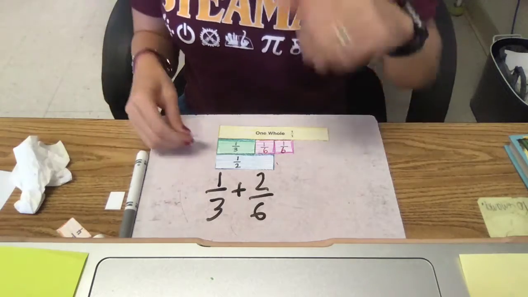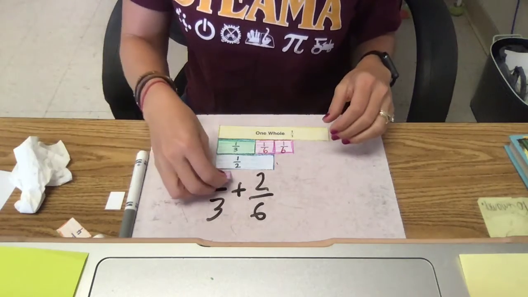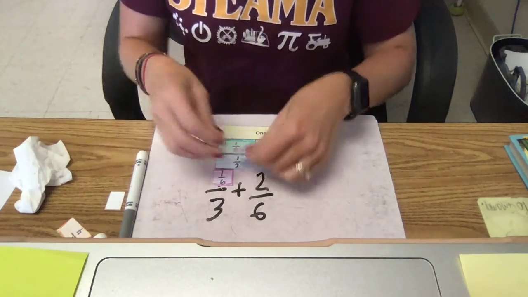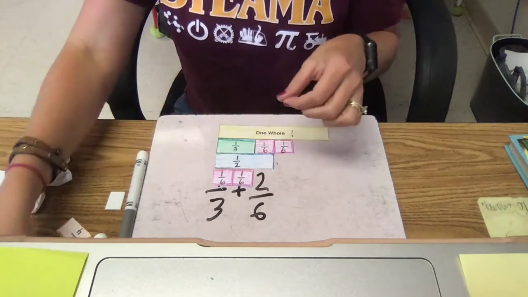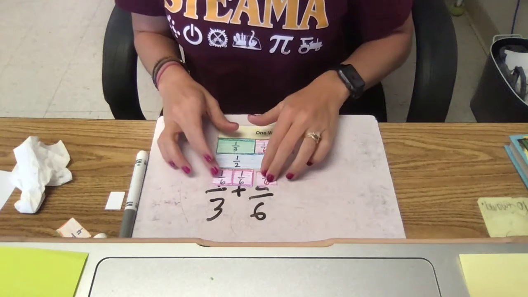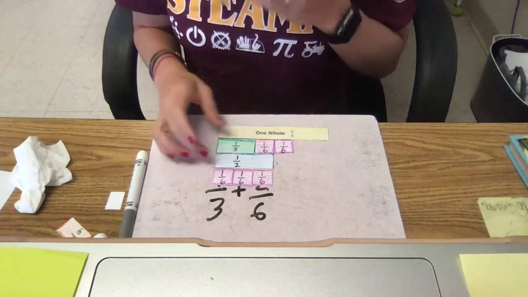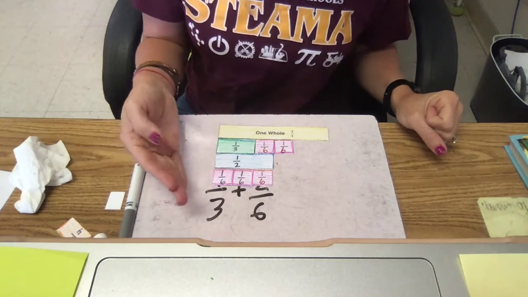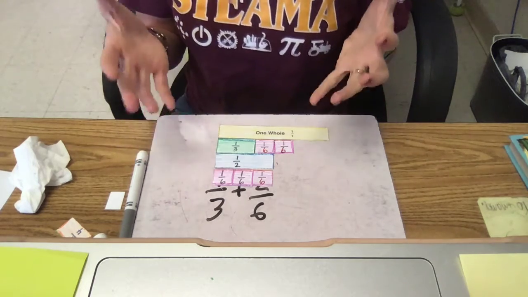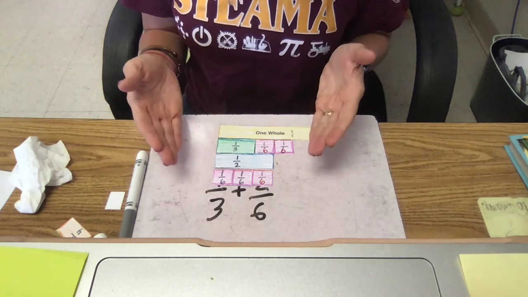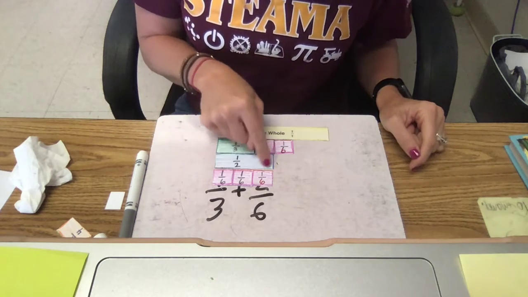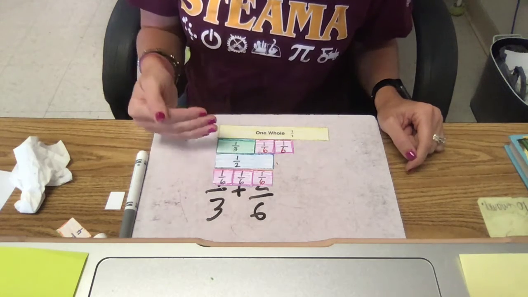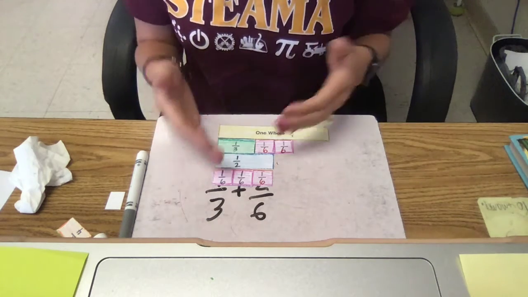Well, let's try it. So we're going to cover up our stuff, and that's okay. 1/6, 2/6, 3/6 fits perfectly. 3/6, that makes sense because 1/2 and 3/6 have the same value. Because, look at it, they're the same amount. And 3 is half of 6, right? 1 is half of 2. This is showing that.